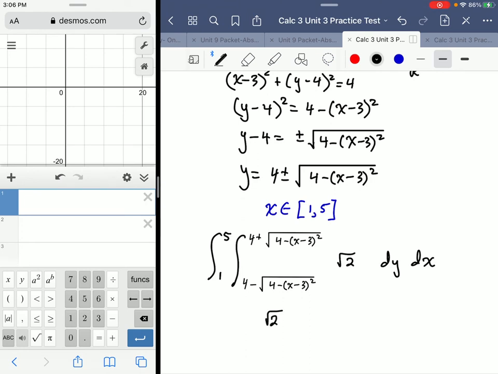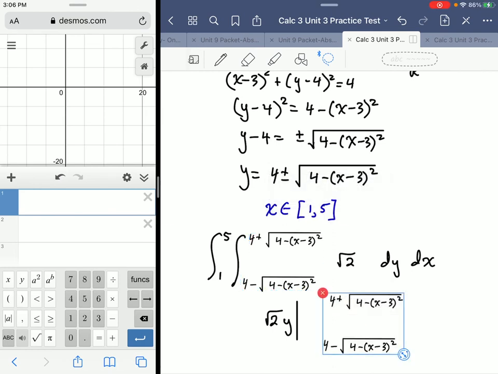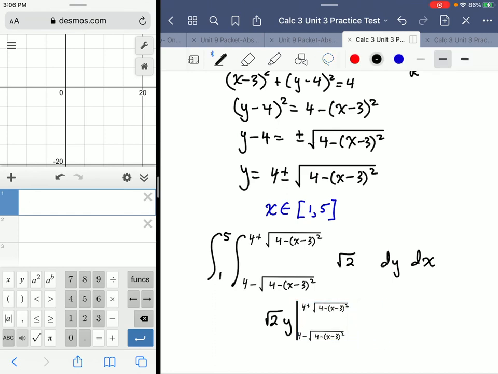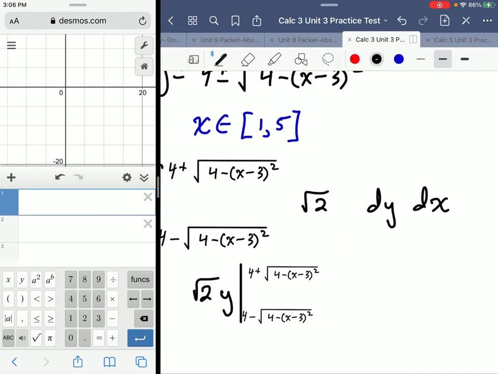So radical 2y over the intervals stated.